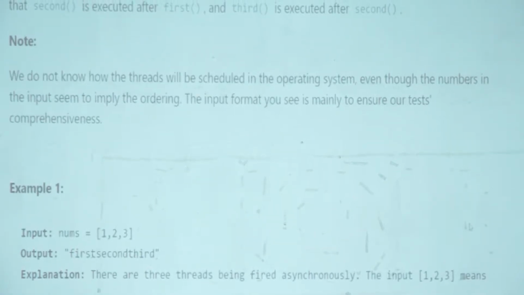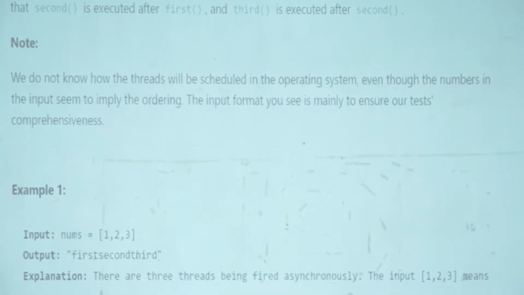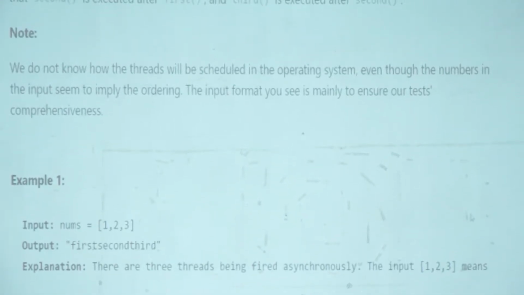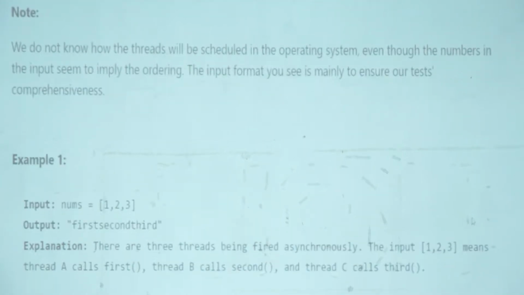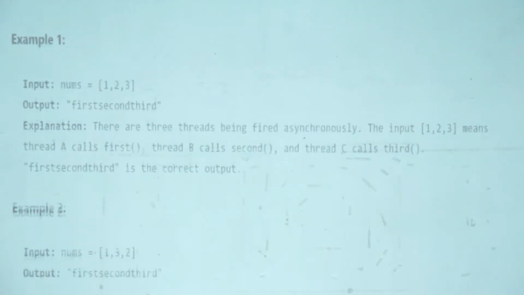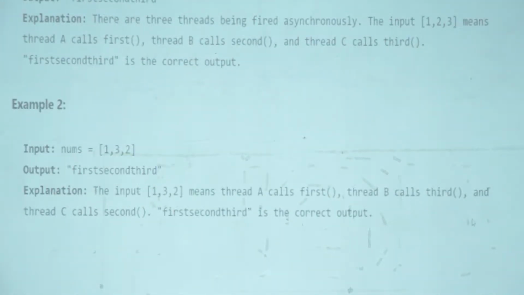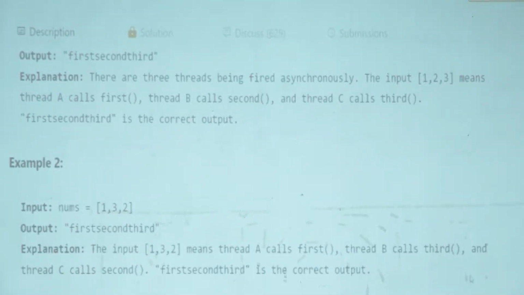The question gives the order. You see, in example 1, the order in which the threads are started is 1, 2, 3. Then the answer comes first, second, third. Second time, can you scroll down? The order in which they are started is again changed. It is 1, 3, 2.